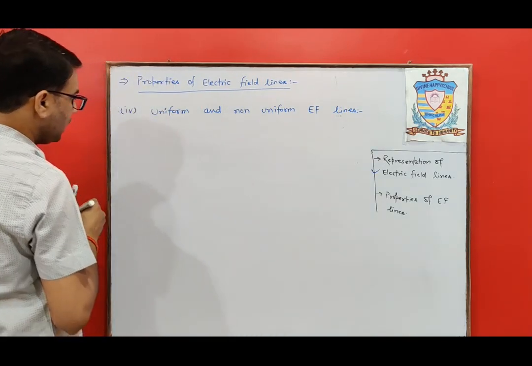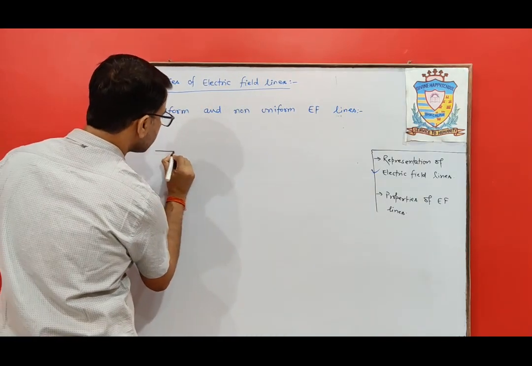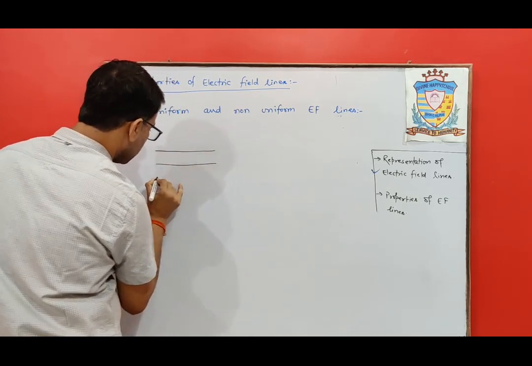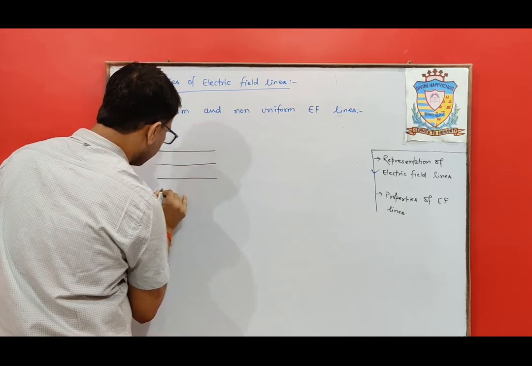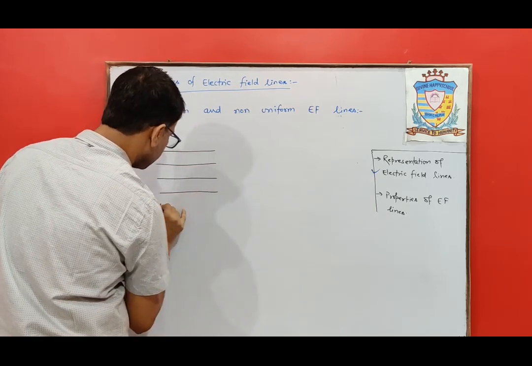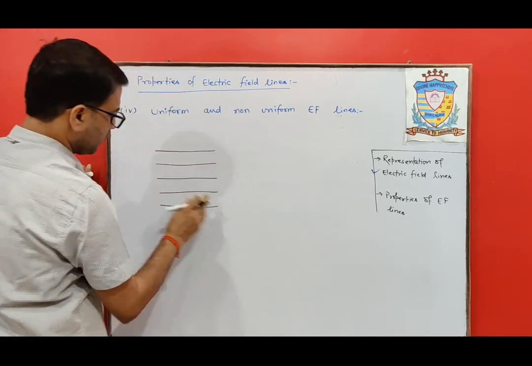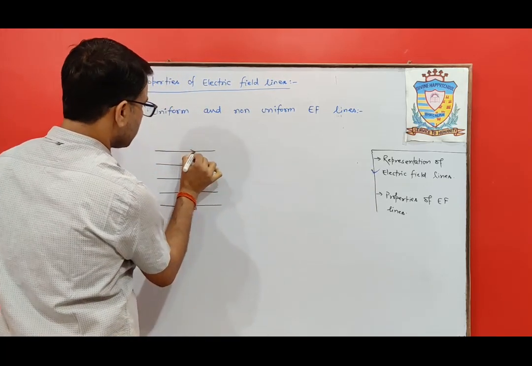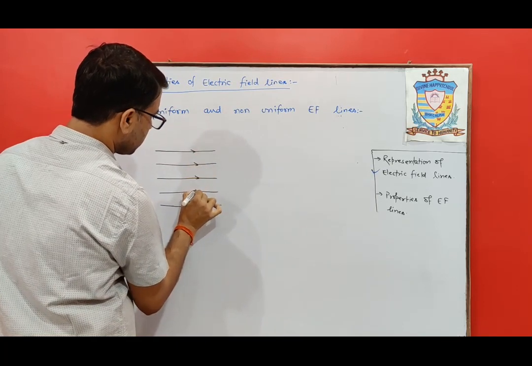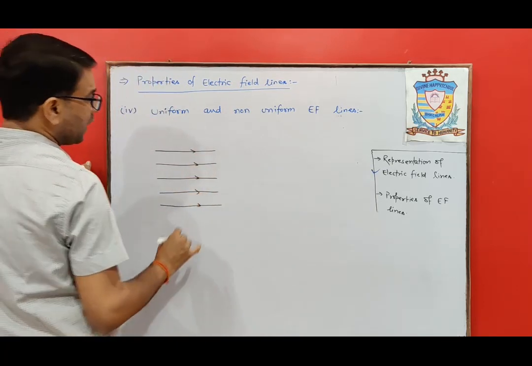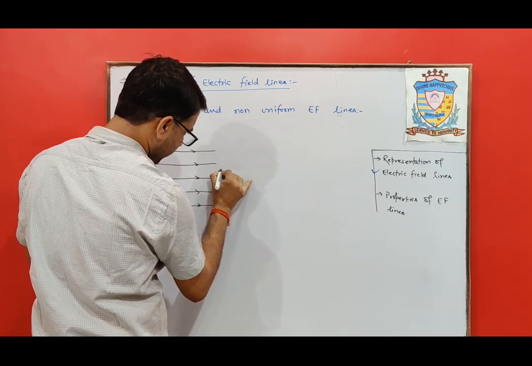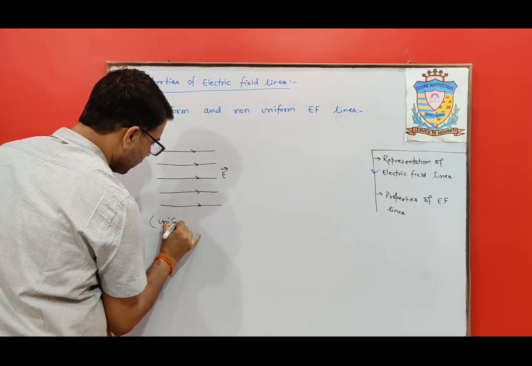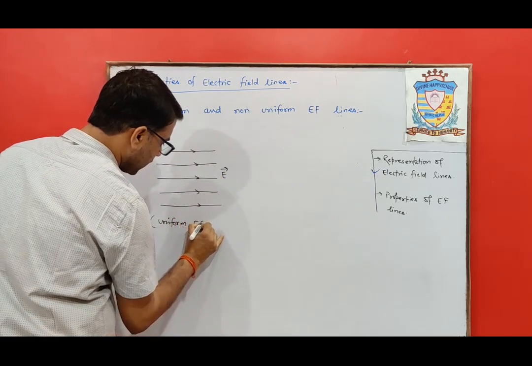If all the electric field lines are at a fixed distance, this is known as a uniform electric field.